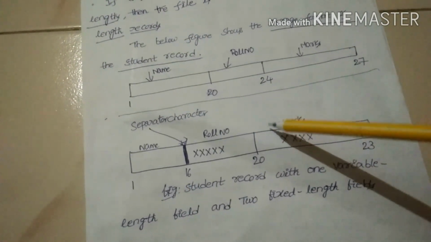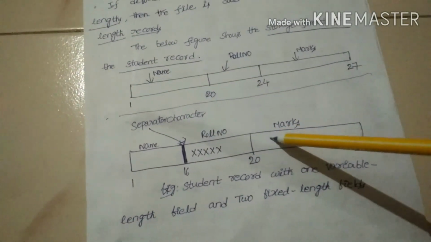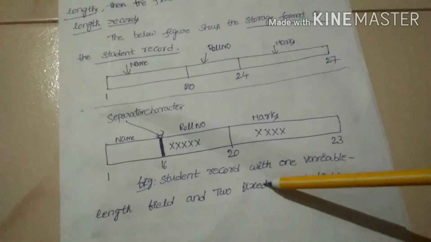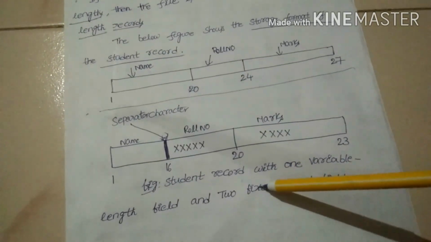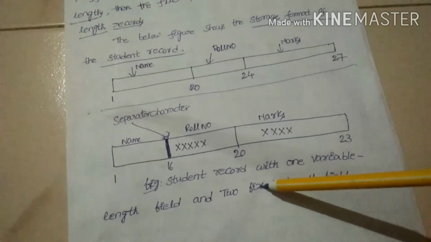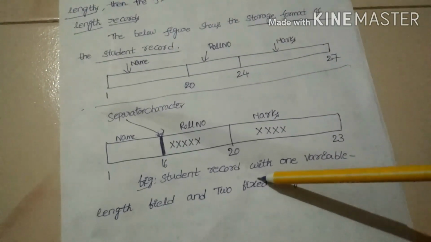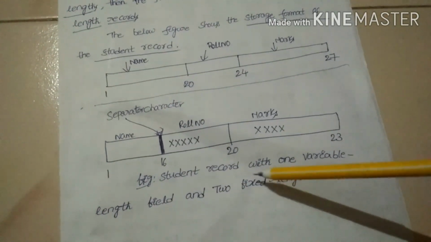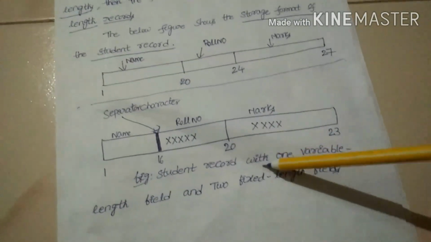Here are the options for formatting the records of a file having variable length records. In variable length records, the length of the field is not known. Special characters such as question mark, percentage, and dollar symbol, which do not appear in the field value, can be used to terminate the variable length fields.